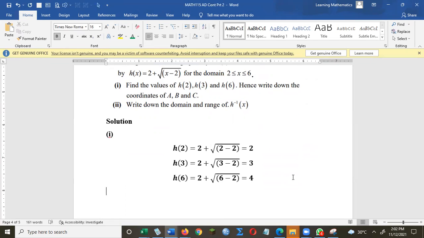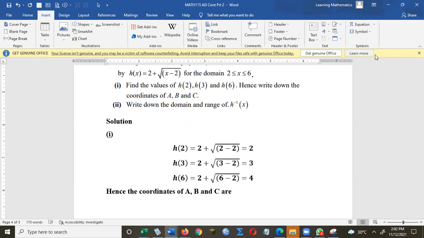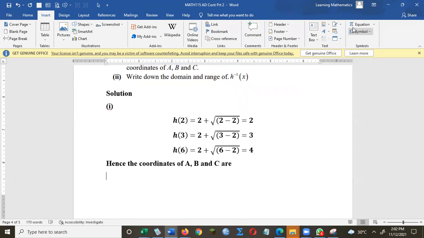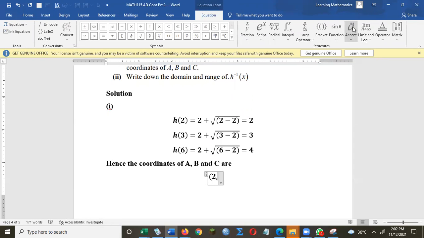So hence, or therefore, the coordinates of A, B, and C are 2, 2 exactly; 3, 3 exactly; 6, 4. So basically that's what you do for number 5 part 1.